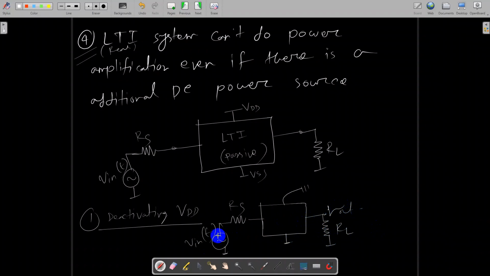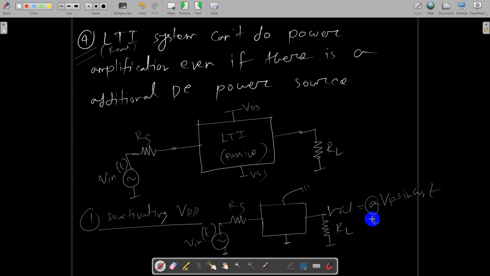I already said this is a passive network, so it will dissipate some power here. Suppose this V out is some A times VP sine omega naught t. Now, can you comment on this A?